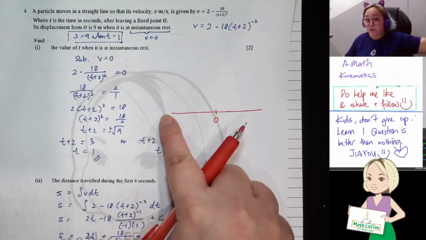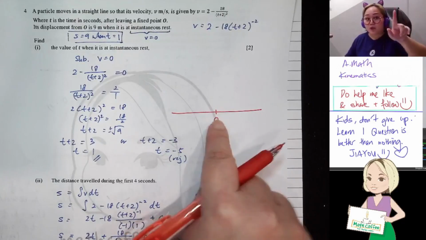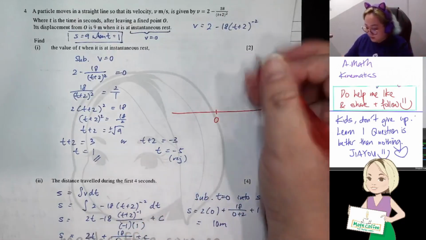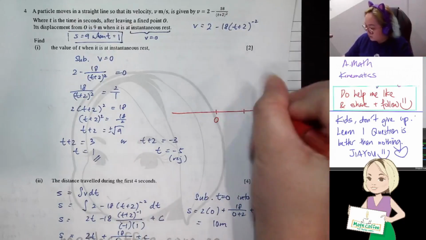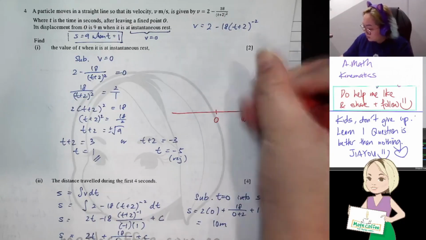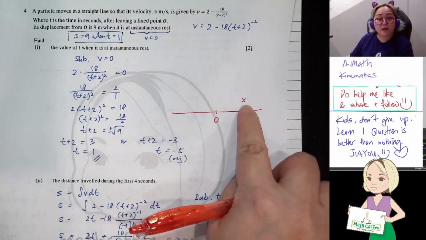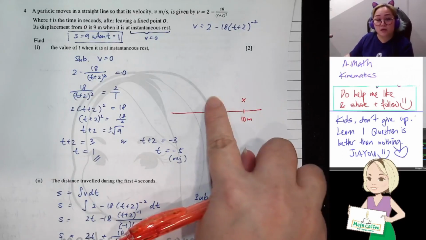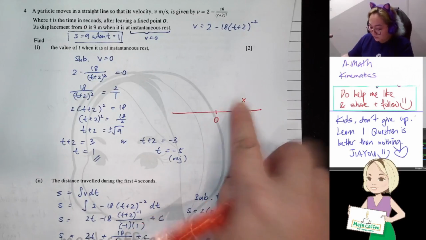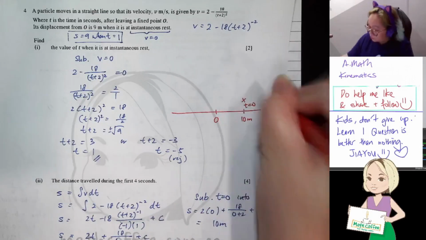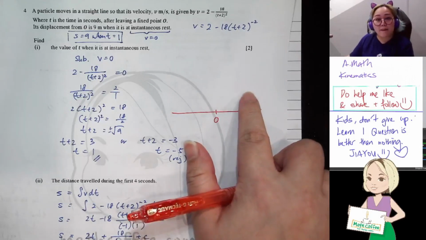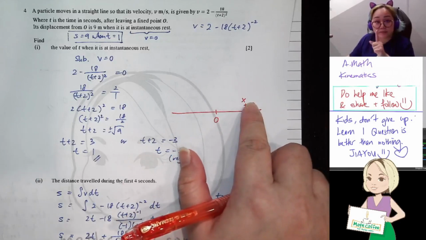If it's negative, it's behind the O, remember? Now it's positive. That means my particle will be here. So I'm going to mark out here and put 10 meter. So that means my particle starts here. Not here, here. So I can put t equals 0. This is where my particle is at the start.